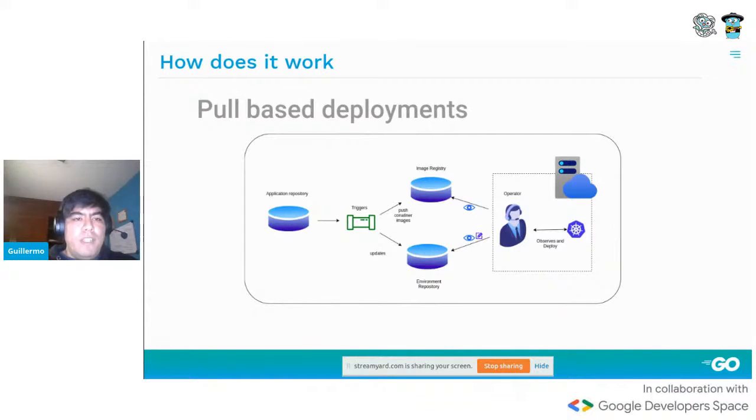Whenever there is a change in the environment repository, the operator updates the infrastructure environment in order to match the environment repository. Additionally, the image registry can be monitored to find new versions of the image to deploy. As we can see in the image, the operator lives in the same environment as the application.